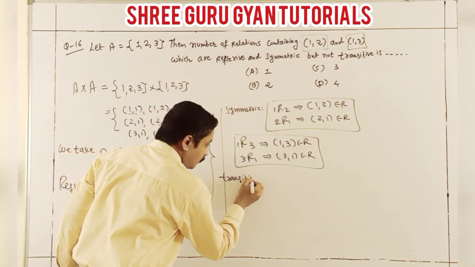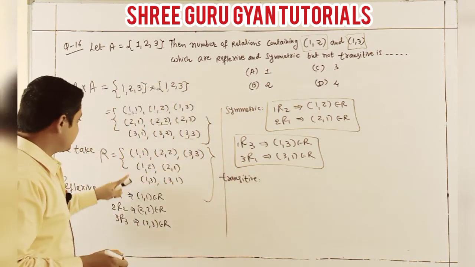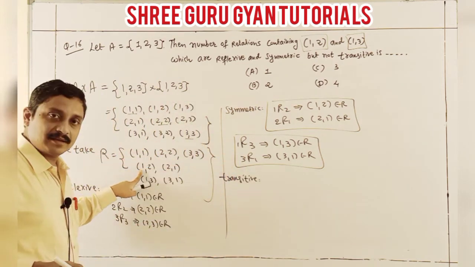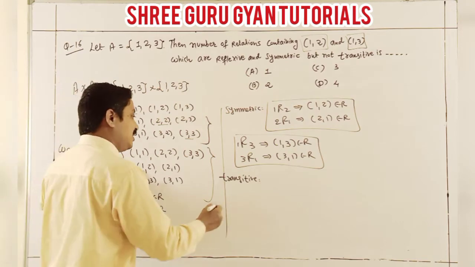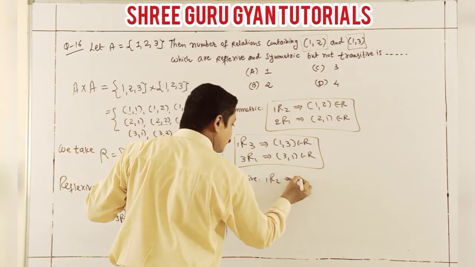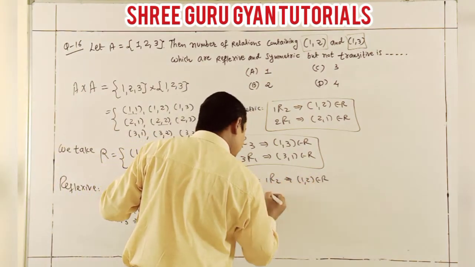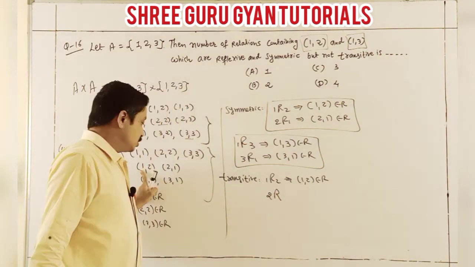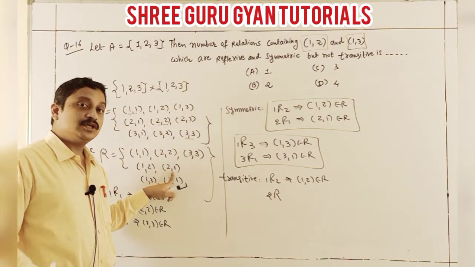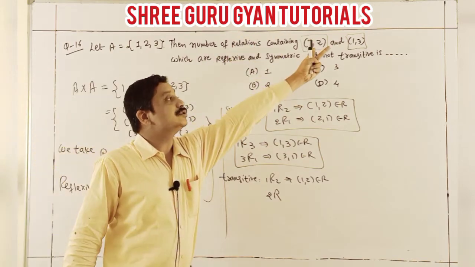Transitive is very easy. Transitivity we check according to this R, because the same numbers are not taken. 1 relation 2 belongs to R. Next, 2 relation 1. You never take (2, 3) because it is not given.